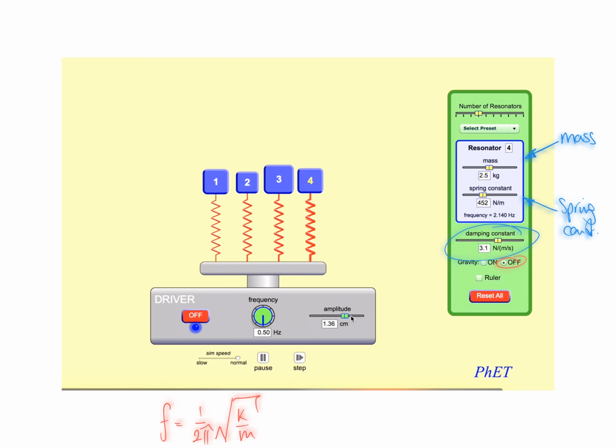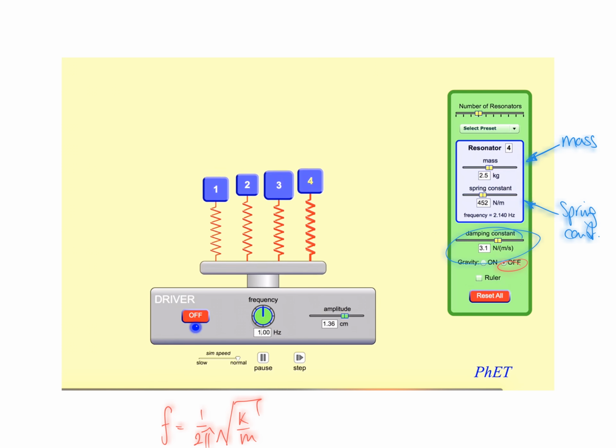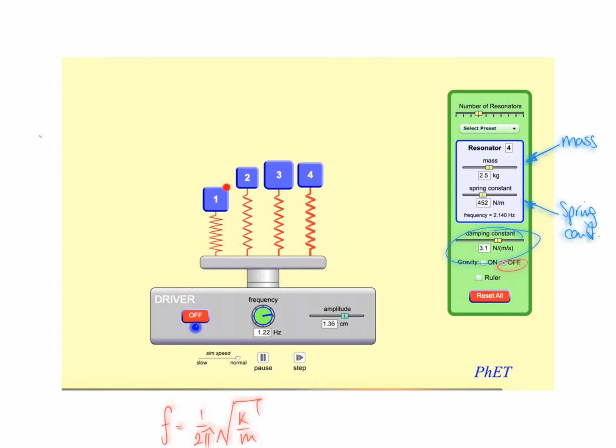Now, I've turned it on at 0.5 hertz, and I'm going to change those frequencies. What I hope to show you is that when it's at 1 hertz, I'm getting a large amplitude in this one.